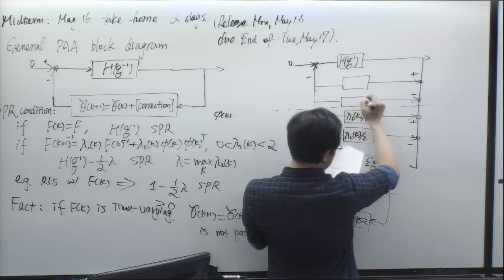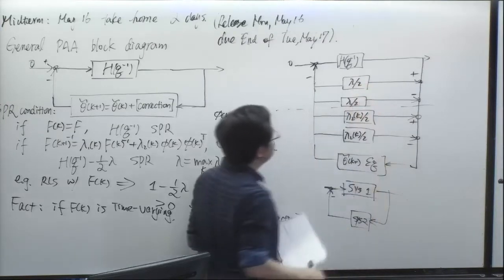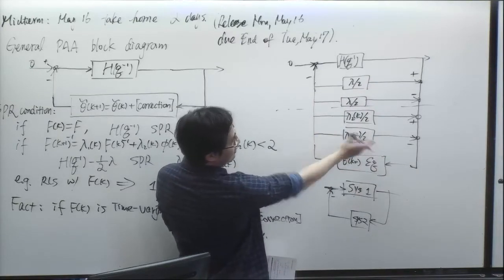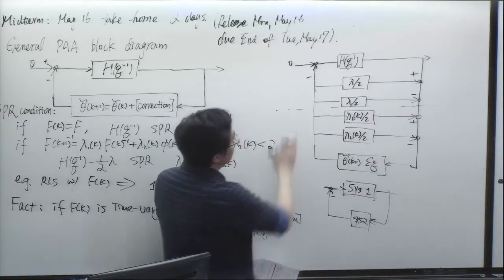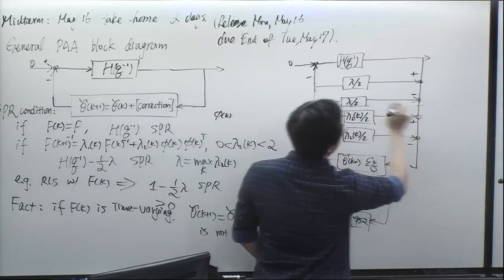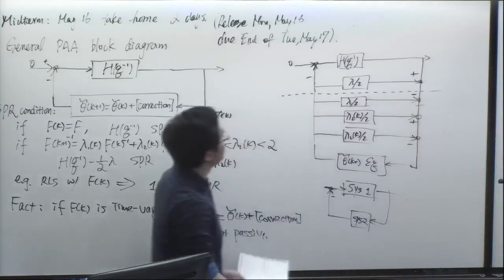In the top, I'm going to add and subtract lambda over 2. I'm not changing the overall system configuration in this way. And then the nonlinear block in the end is going to be this one.